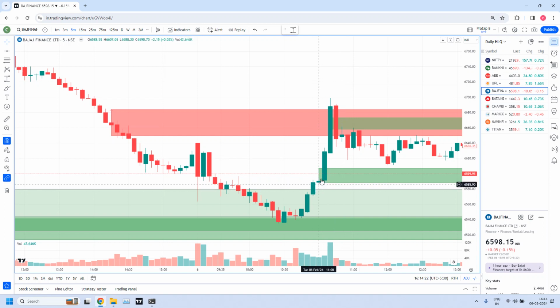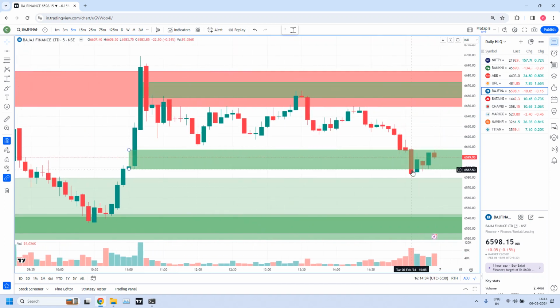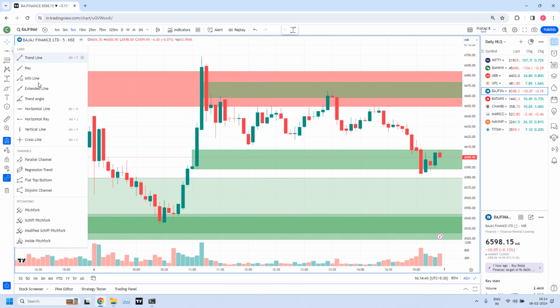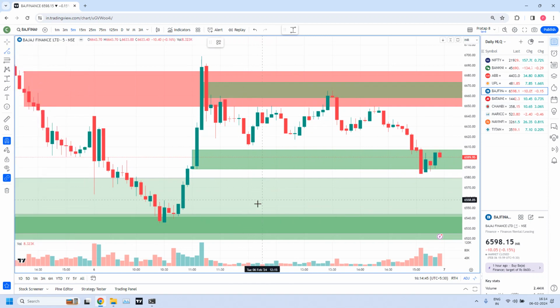But see, if you were looking at this 5-minute zone, our profit margins would have been gone. Let us assume this zone is violated. Actually it happened at the end of the day, but let us assume it is violated here itself. So your profit is only small, only this much. Let me draw the line. This is your entry, and this is only going to be your profit.